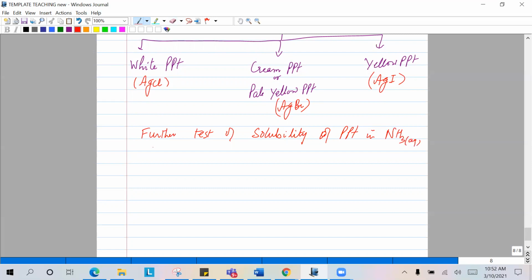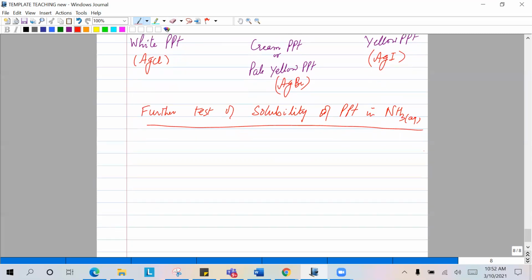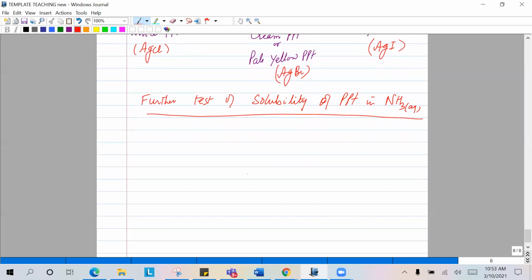So what you will do is to confirm whether the white is actually white or not, or it is something else. So what we do is to the precipitate, that means after you have got the precipitate, add ammonia solution.